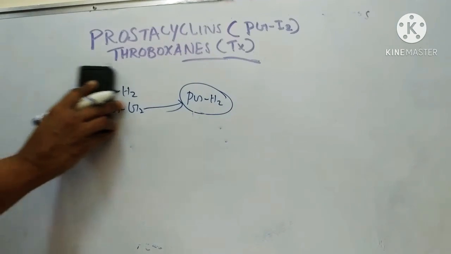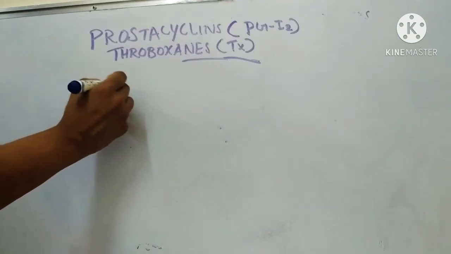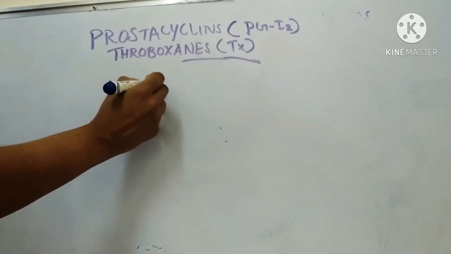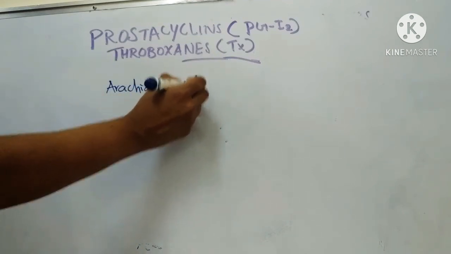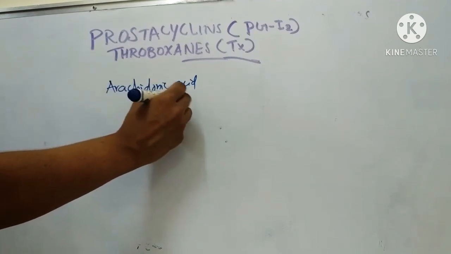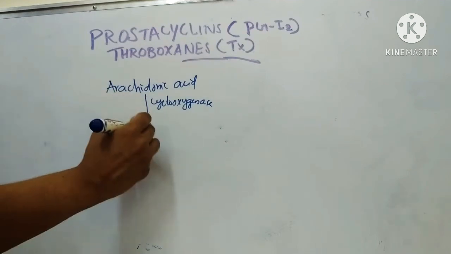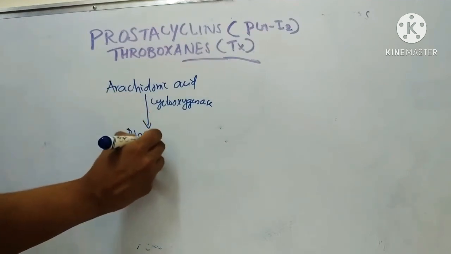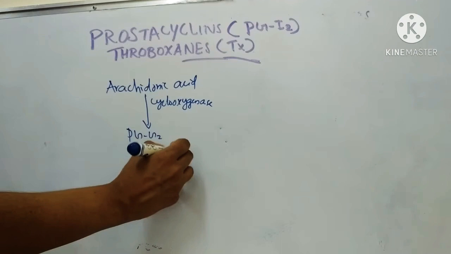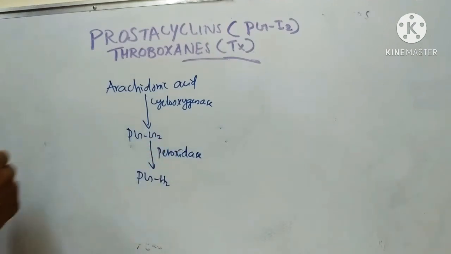Coming to the synthesis of these prostacyclins and thromboxanes, from arachidonic acid, by cyclooxygenase, first PGG2 is formed. Then by peroxidase, PGH2 is formed.